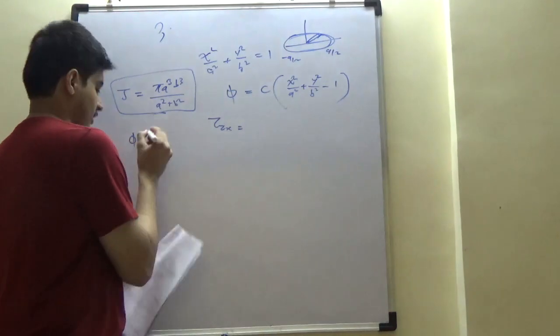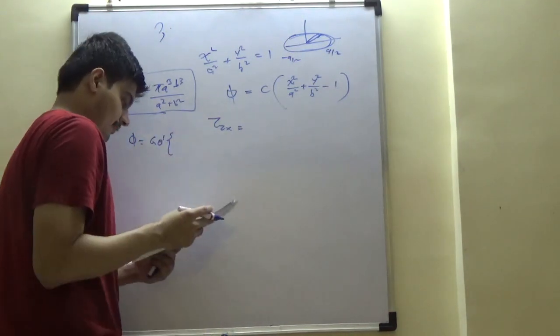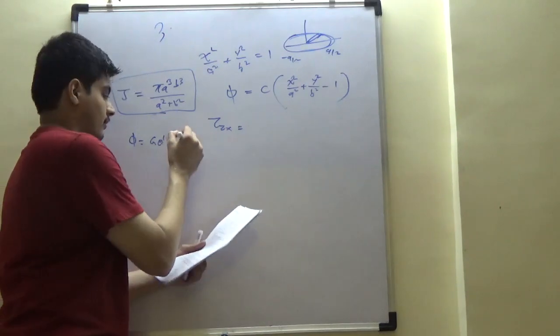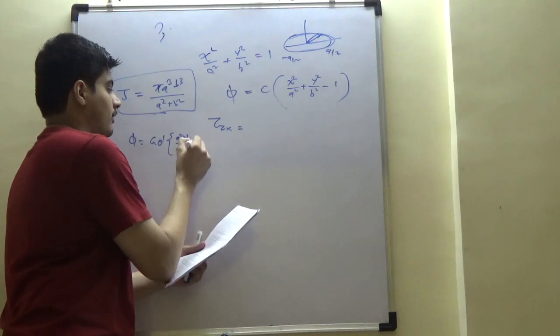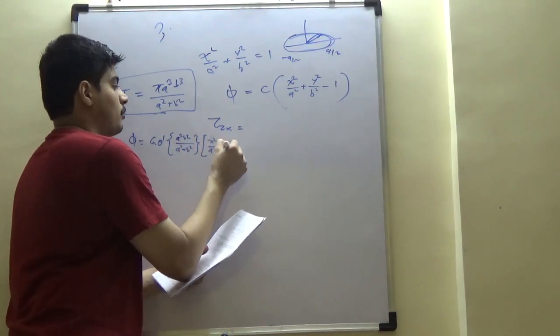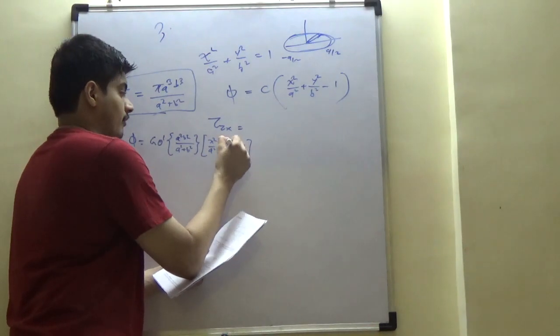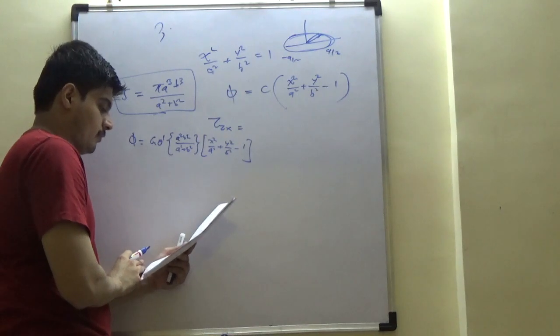So phi is nothing but G theta dash a square b square upon a square plus b square, x square upon a square plus y square upon b square minus 1, right? This is the constant, correct?